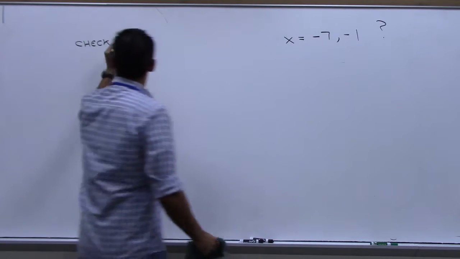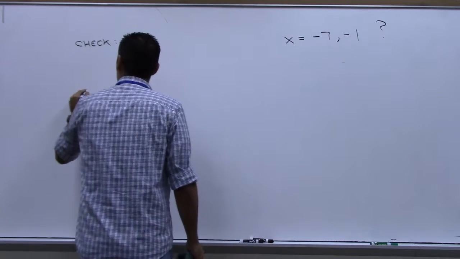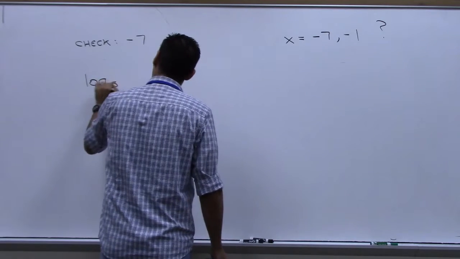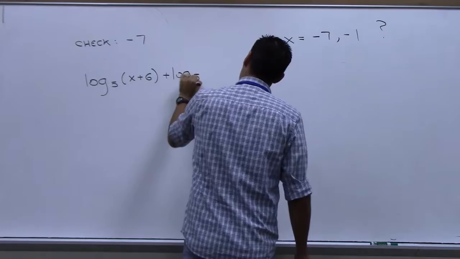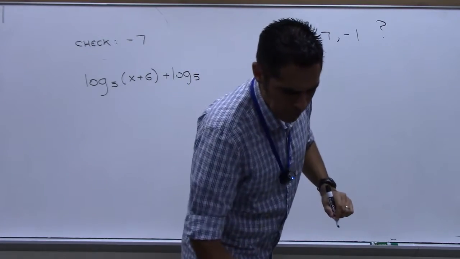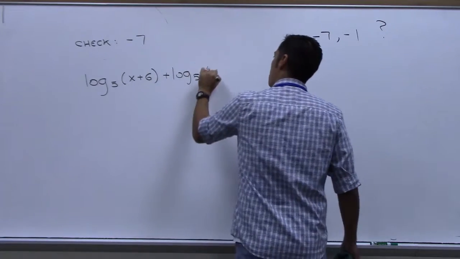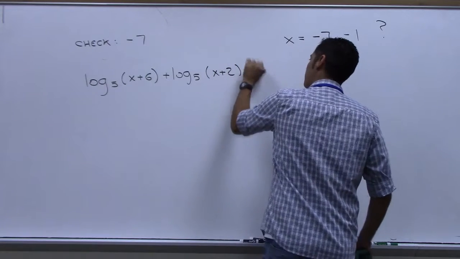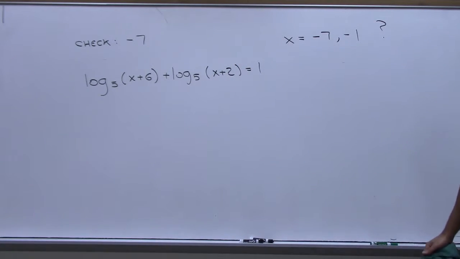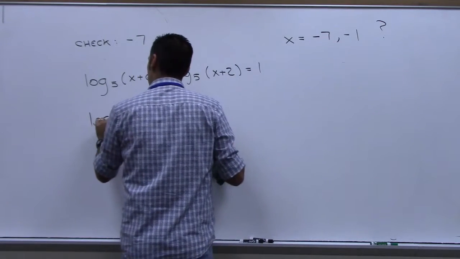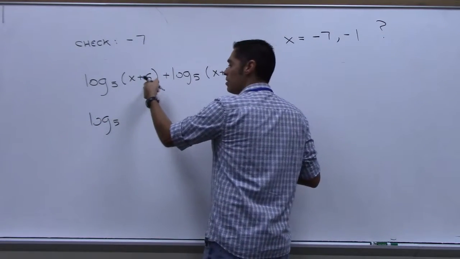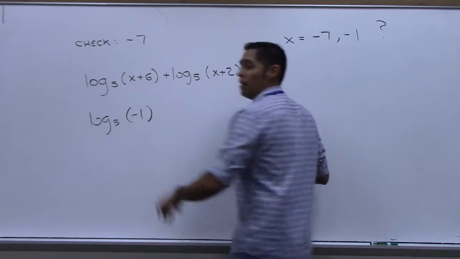Yes. Okay. So let's check -7 in the original problem, which was log base 5 of (x plus 6) plus log base 5 of (x plus 2) equals 1. We plug -7 in here, right? It turns into log base 5 of (-7 plus 6), which is -1. I'm done now, right?